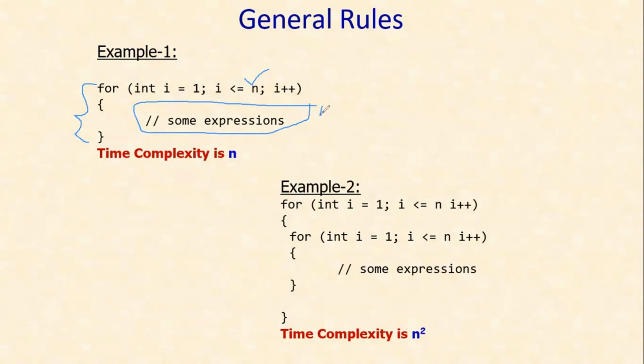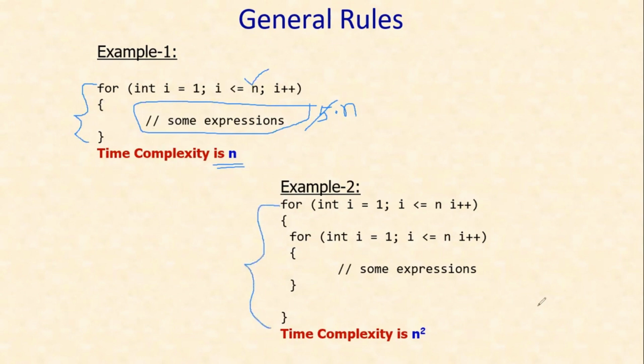I am assuming there are 5 statements, so 5 units of time is taken for execution of this block, and these 5 statements will be repeatedly executed n number of times. So the total time taken for execution of this loop is 5n. In order to define the time complexity, we ignore the constants. So time complexity is n. Whenever you have a loop which will be repeated n number of times, then you can directly consider the time complexity as n.